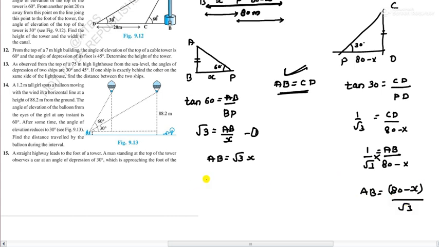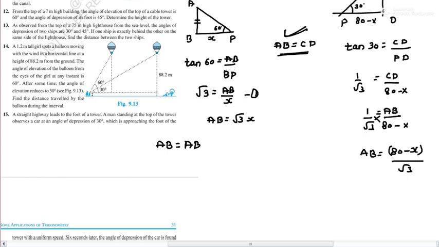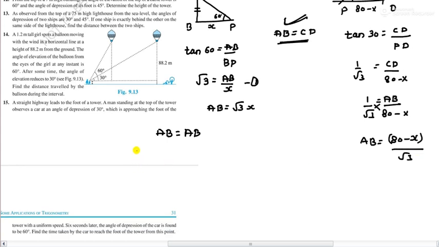So both I am going to equate now. AB equals AB in both cases. So in LHS we have root 3x. In RHS we have 80 minus x divided by root 3.